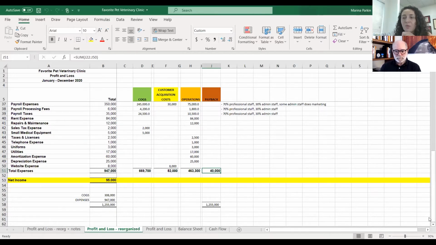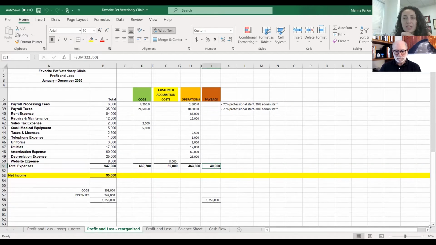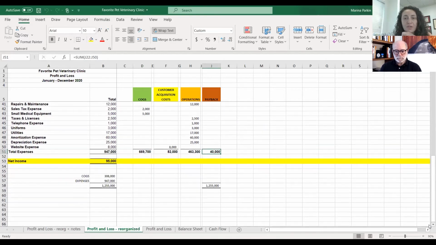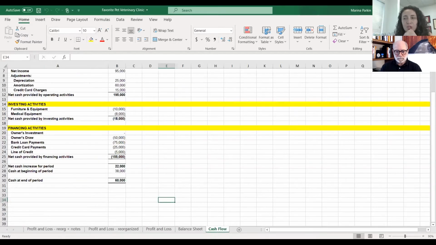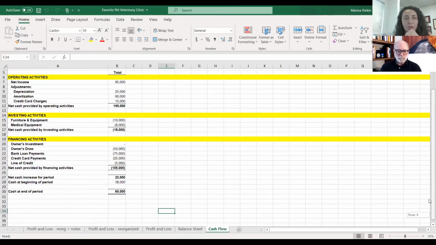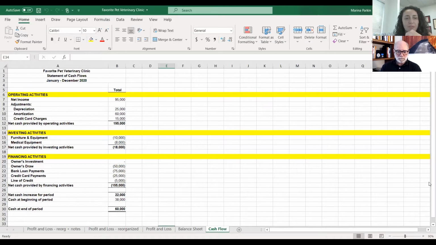So what I really wanted to add is you guys can take it even further and say, all right, maybe now that I've got my income statement, let me bring in some of the cash flow items that I have in my cash flow statement. Let's switch back to the cash flow, which again, we looked at last time. The cash flow is really giving us a couple of different sections and says, all right, the owner took some draws. We also paid back some of the bank loan.